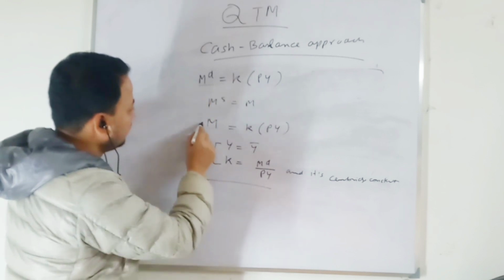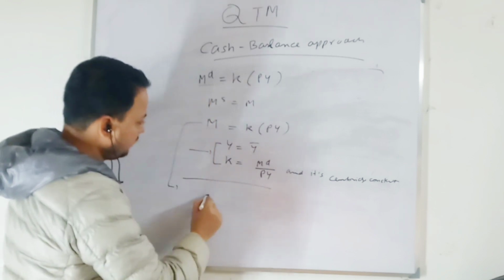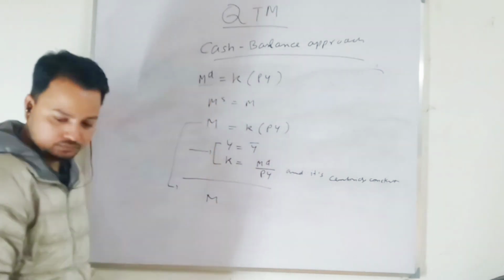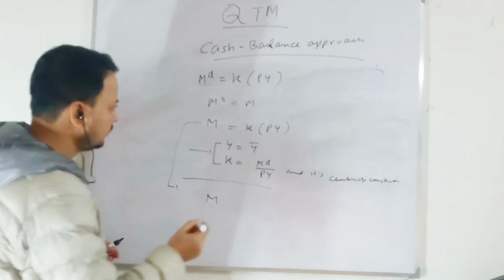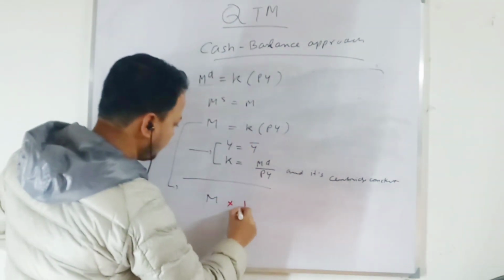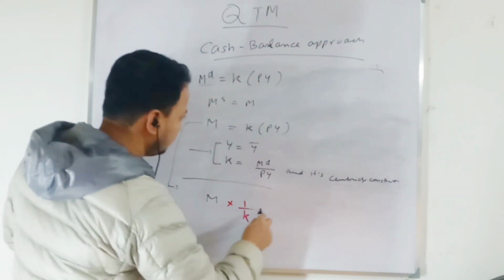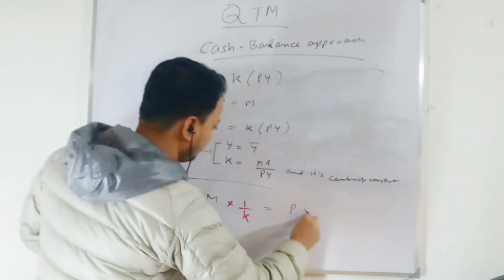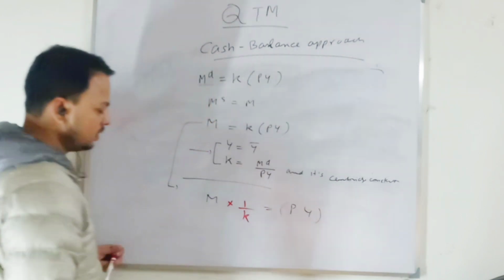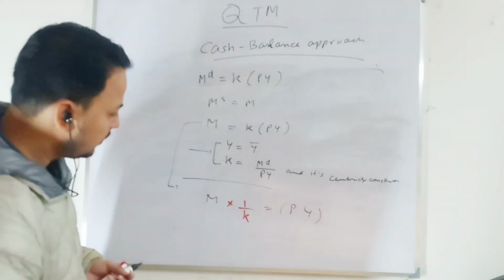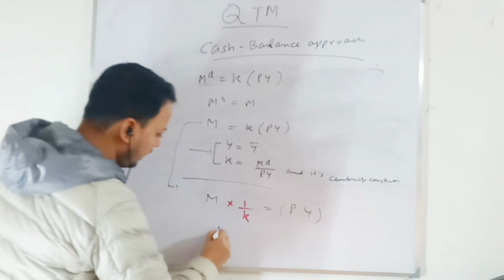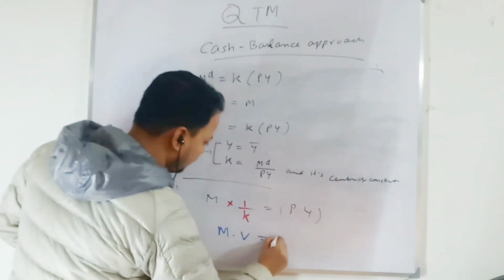So I can write this equation as M, and I can take this here into 1 by K, equal to Py. So this looks exactly like MV equal to Py, right?